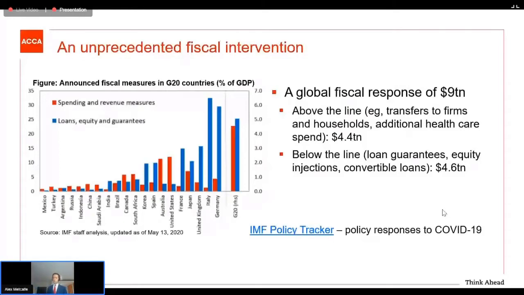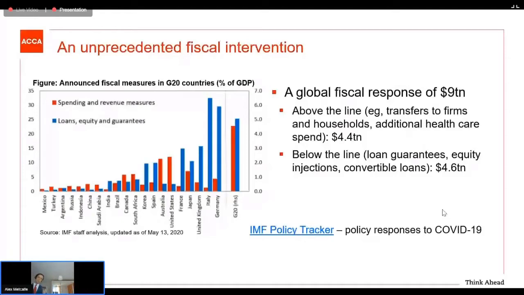Of course, we traditionally talk about public sector borrowing as a key economic indicator for the fiscal health of countries. But there are very large-scale interventions that we're now seeing in the area of loan guarantees, equity injections, and what the IMF has described here, to turn us back to the slide, as below-the-line interventions.